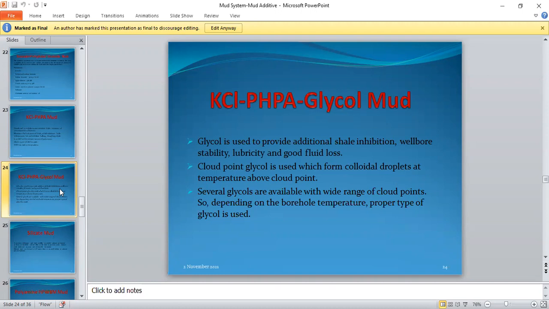KCl, PHPA, glycol mud. Like I said, the only thing here is now you're adding glycol to it. Remember, your mud systems are moving from simple to more complex systems. Like I explained yesterday, drilling has become more complex. When drilling started, it was just simple mud, and the hole they drilled was very, very shallow.